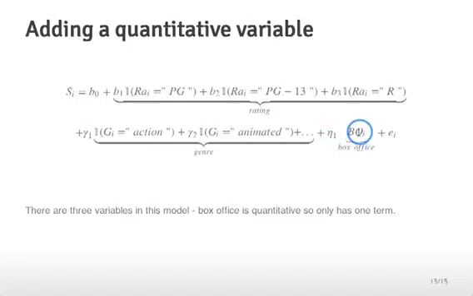If I increase by a separate $1 million, from 10 million to 11 million is the same as from 11 million to 12 million and so forth. So we're basically constraining all the 1 unit differences to be the same when we include it as a continuous variable here. So it's interpreted and analyzed a little bit differently.